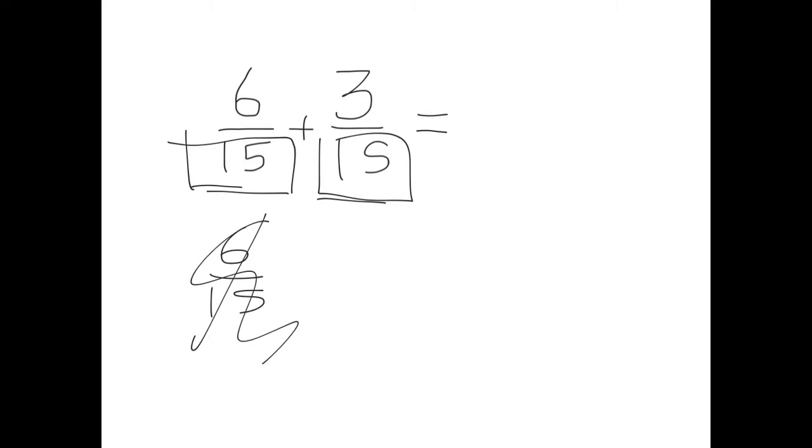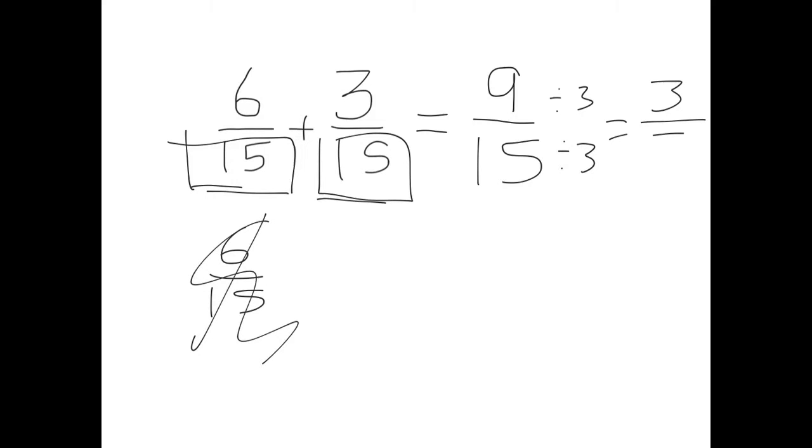Okay, so 9. We just need to add together 15 and divided by 3, which equals 3 and 5.